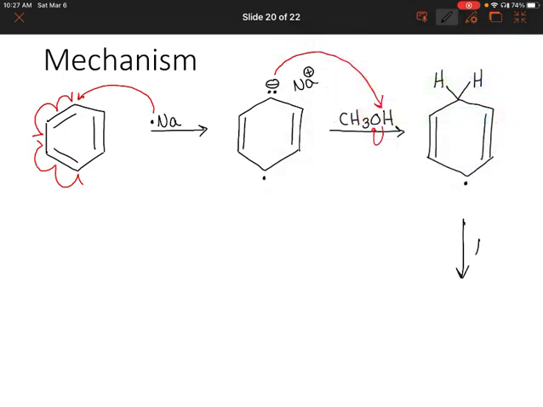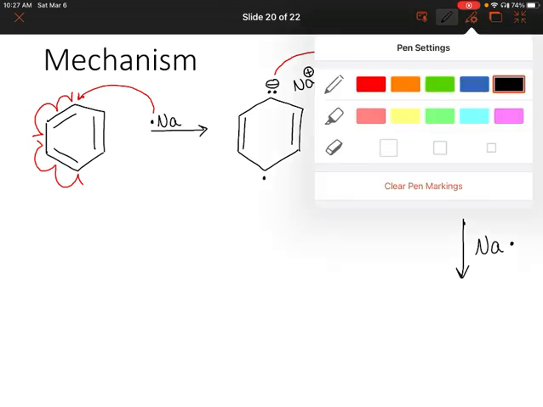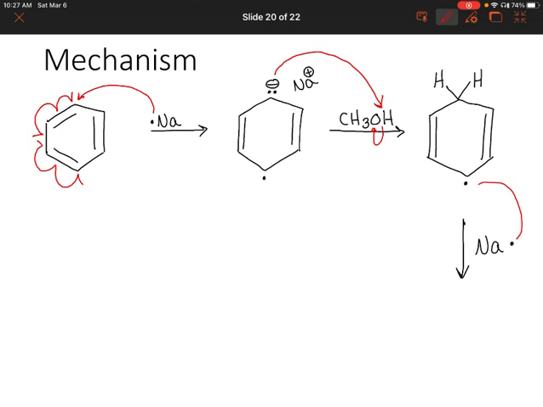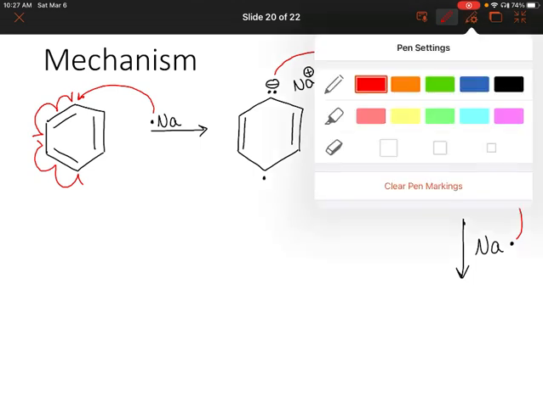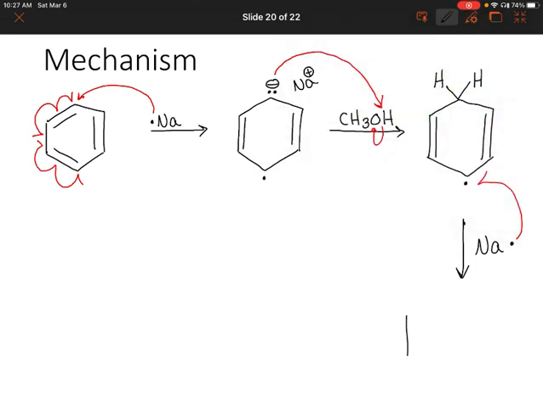So sodium is going to come into play again. So another sodium atom will come in and donate its electron to the radical carbon. So now we have a negative charge on the bottom. So again, we can add more of our alcohol.